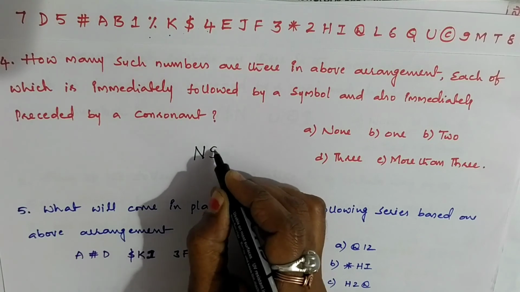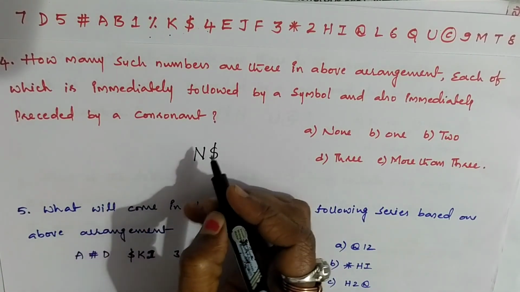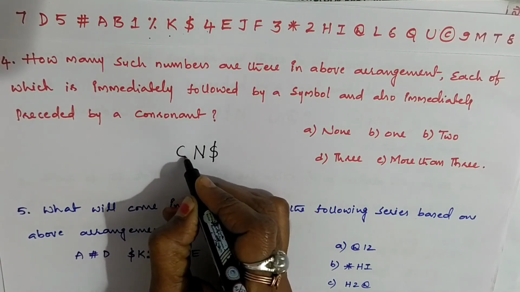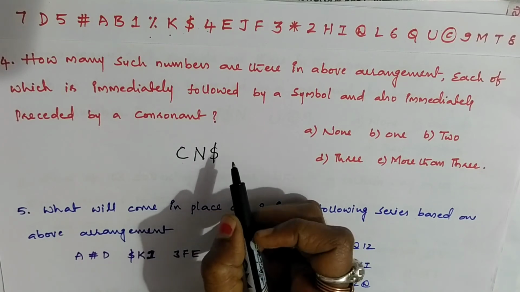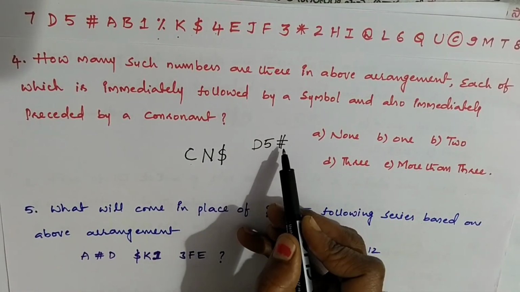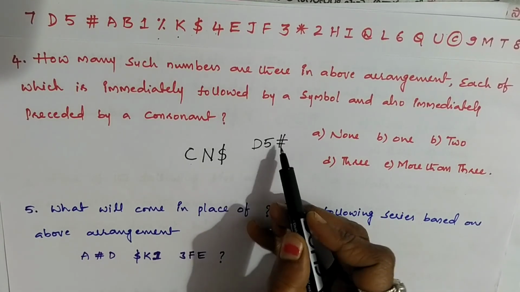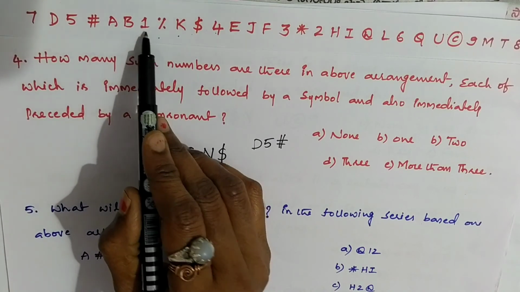Next element should be symbol and also immediately preceded by a consonant. Consonant, number and symbol. D5 hash. Next one, consonant, number and symbol.